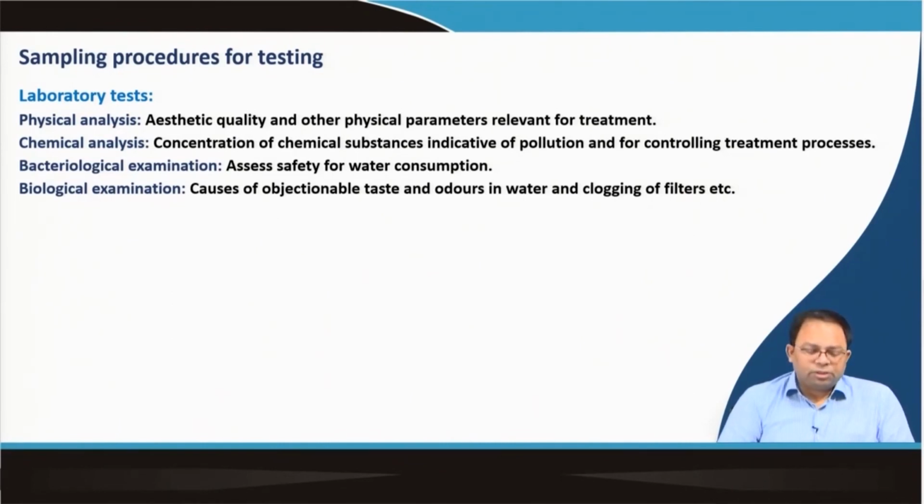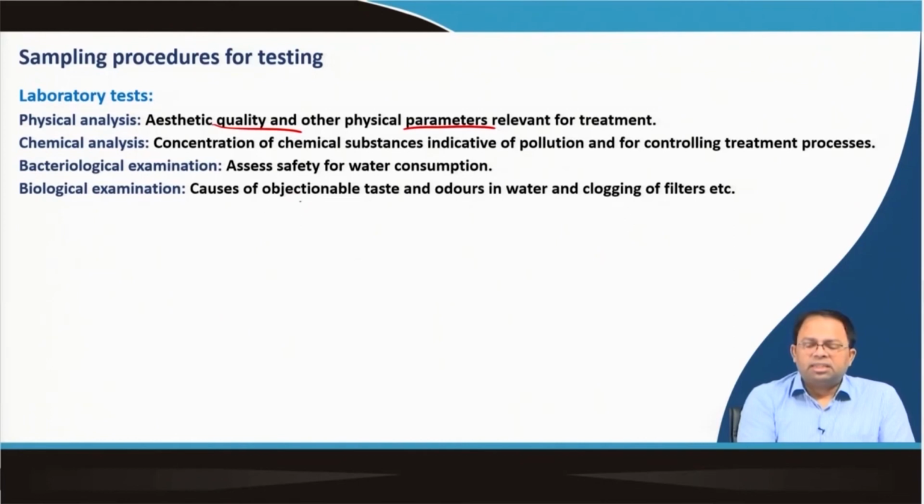Immediately means as soon as the sample is collected, we need to test it, right. So this kind of test actually confirms the physical, chemical and bacteriological properties of this particular water. As we know, the physical analysis helps us understand the aesthetic quality and other physical parameters that are relevant for treatment eventually.